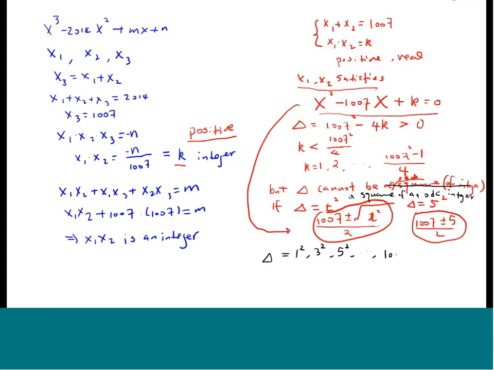Till 1005 squared, right? Yeah, right? The maximum delta is 1007 squared because of integers. So the maximum odd square less than delta must be 1005 squared, right?